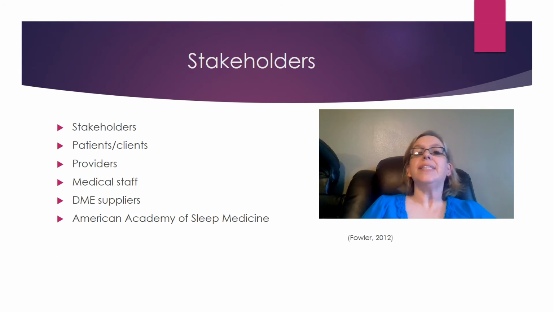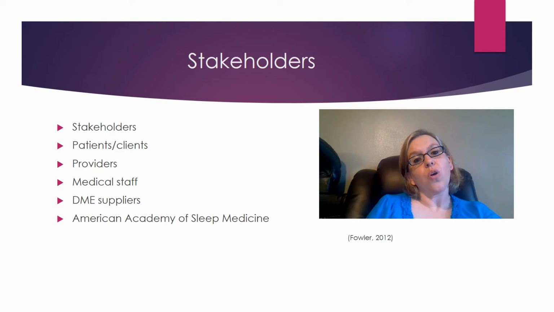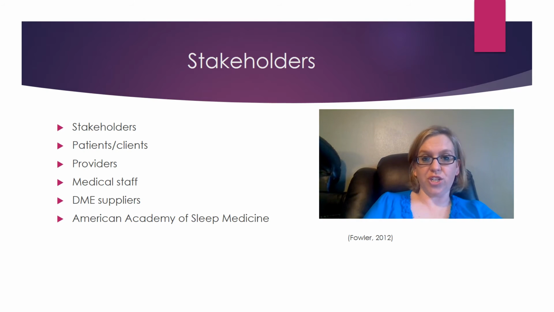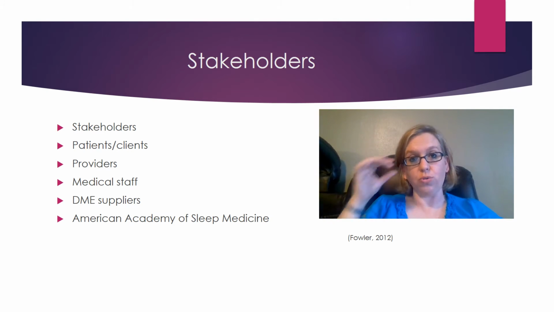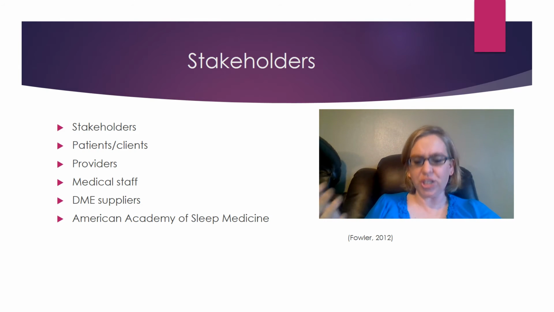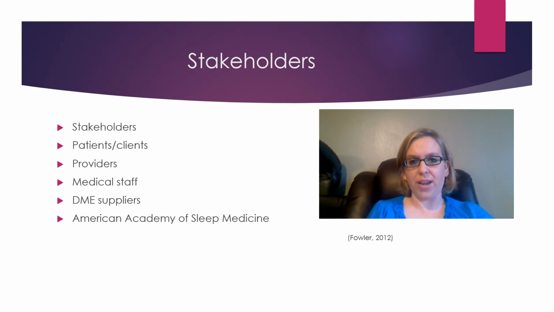Stakeholders. Stakeholders are basically any individual, groups of individuals, or organizations that have an interest in your project or in your research. There are 4 main questions that you can ask to help decide who your stakeholders are. The first question is, who will be affected by this program or by this research?